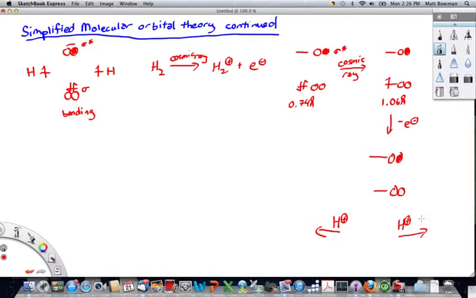Now, that's one way of breaking a covalent bond: removing electrons from the bonding orbital.